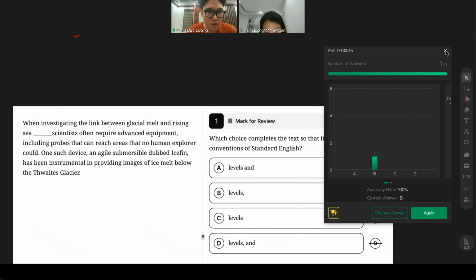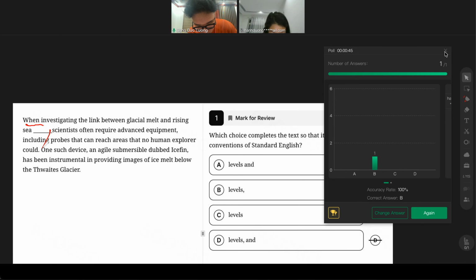Right, so B is the correct answer. You can see here is a complex sentence, and the first clause is a dependent clause, and after the comma is the main clause.